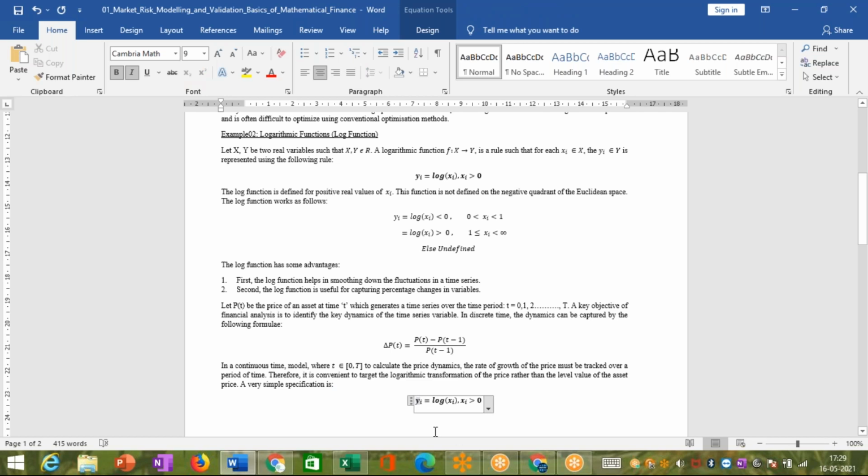So over here, what we are trying to do is we are saying that pt is equal to log PT.